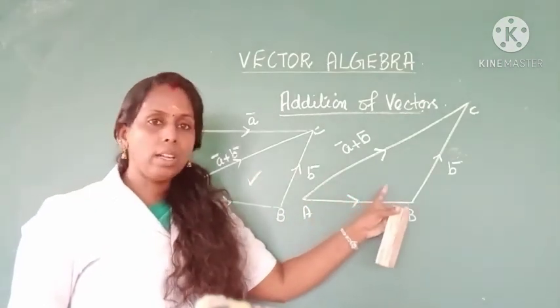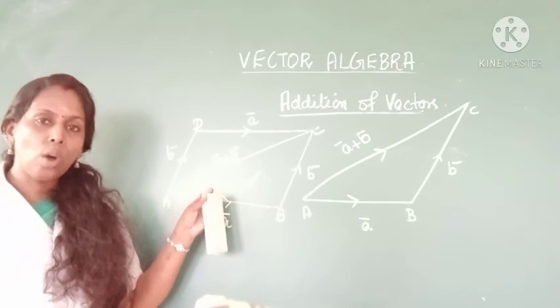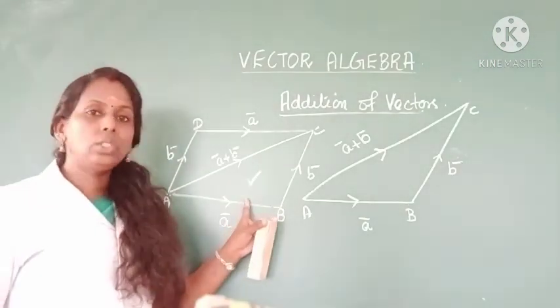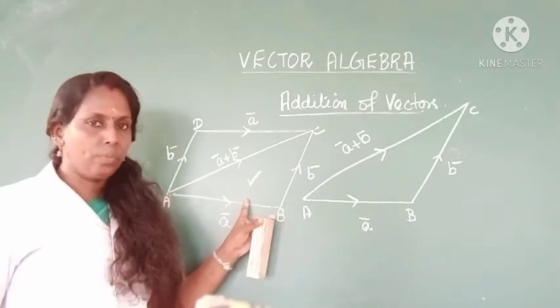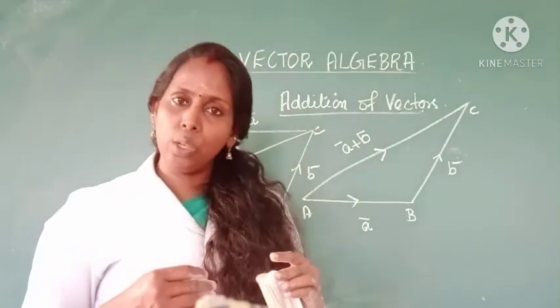This is the triangle law and this one is the parallelogram law, and vector addition is also associative.